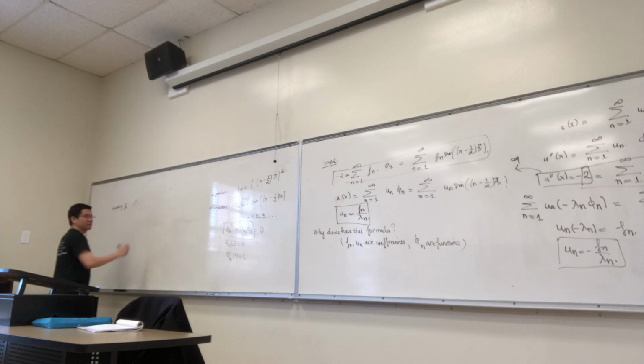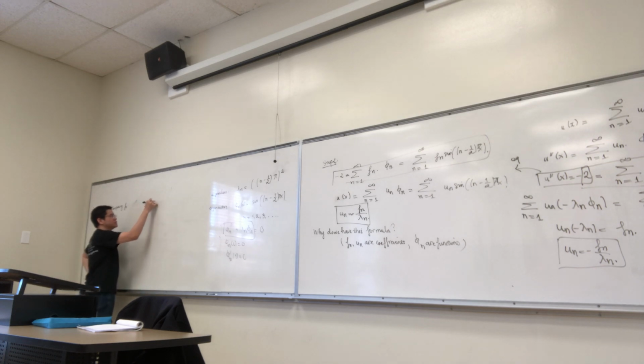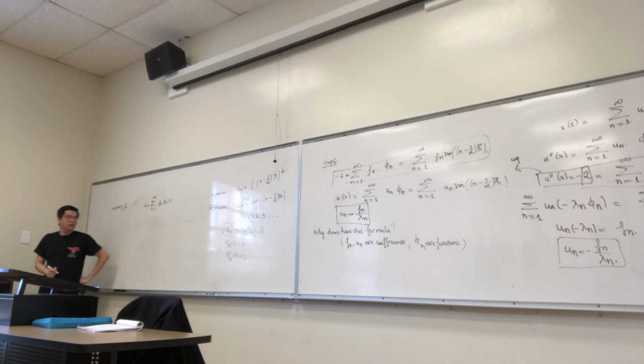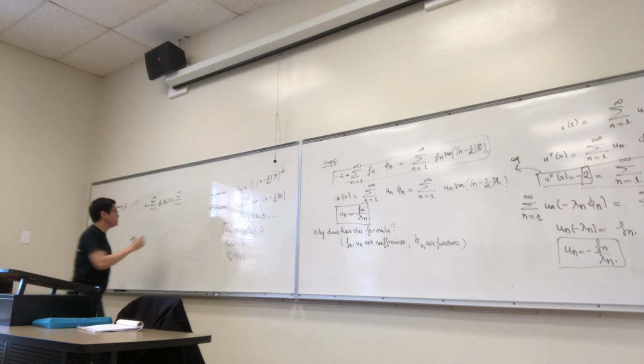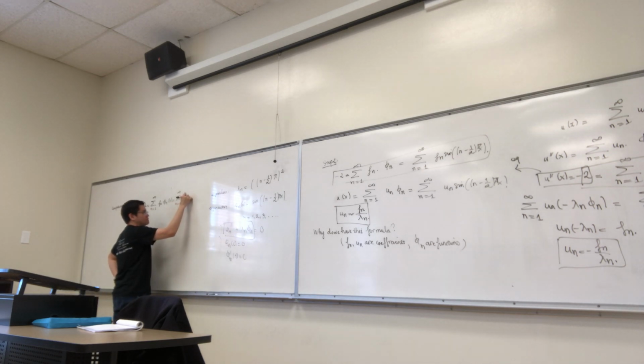So you have minus 2 is the sum when n is from 1 to infinity of fn phi n of x. All right? So this is the sum of fn sinus of n minus 1/2 pi x.